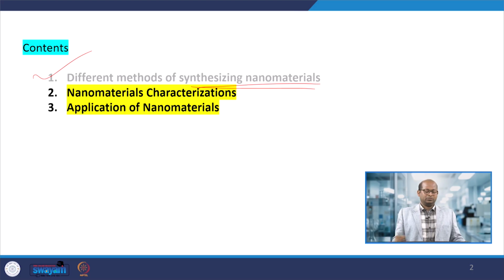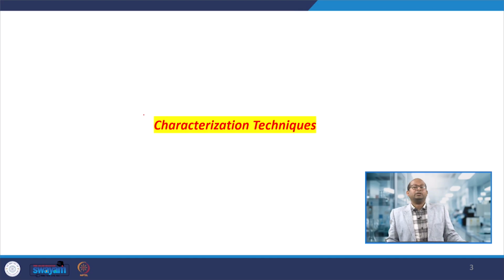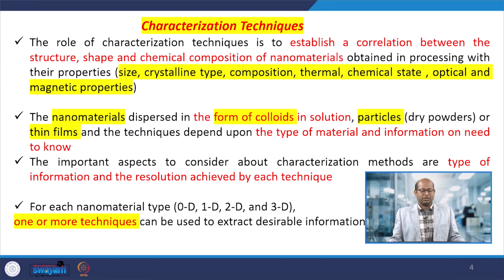Now, what characterization techniques are available to characterize those nanomaterials, and then the applications, these are the things we will discuss. So, let us start with the characterization techniques. Once we have prepared a material, our next objective is to develop correlations with the structure, shape, and chemical composition of the nanomaterials.